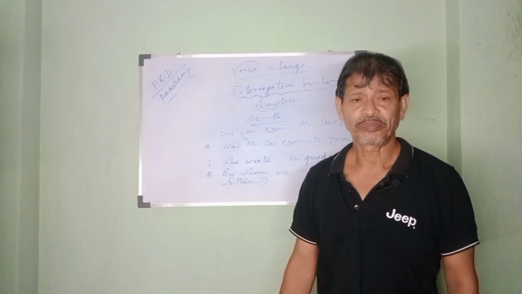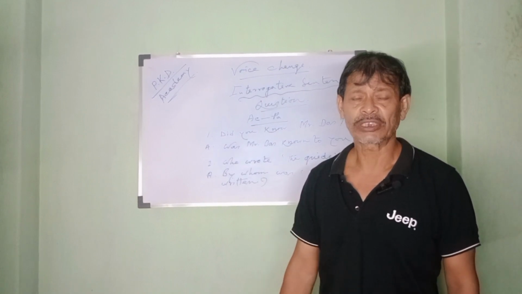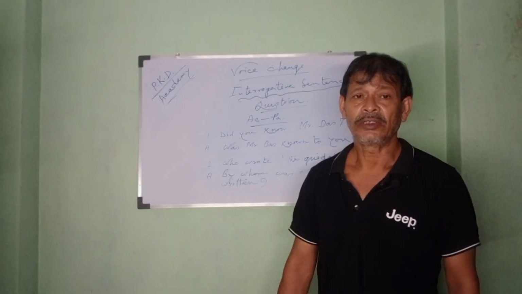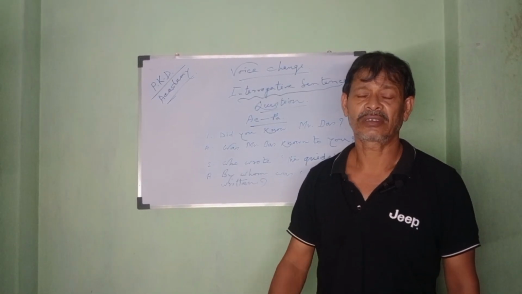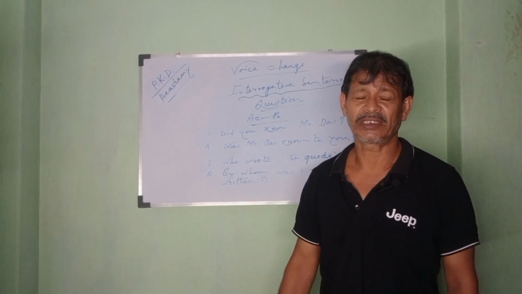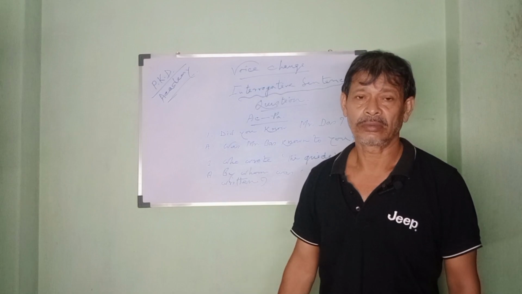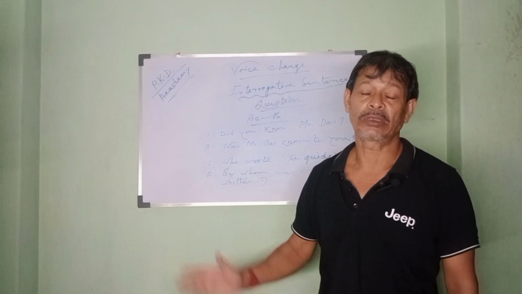So in case of a WH question, the WH word is at the first of the sentence, at the beginning of the sentence. Who wrote the guide, as I wrote on the blackboard?